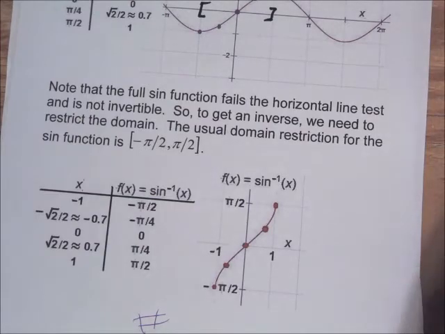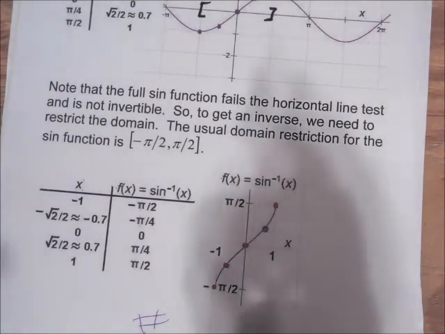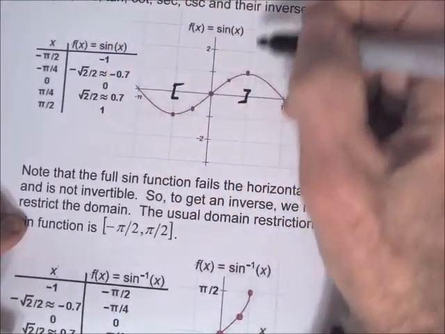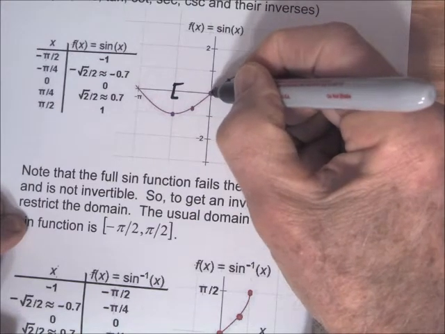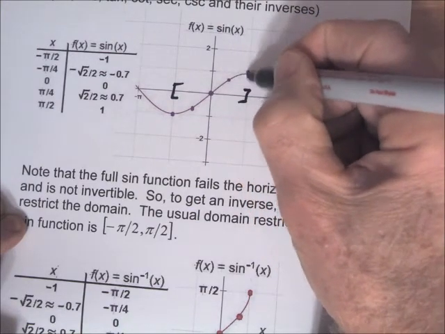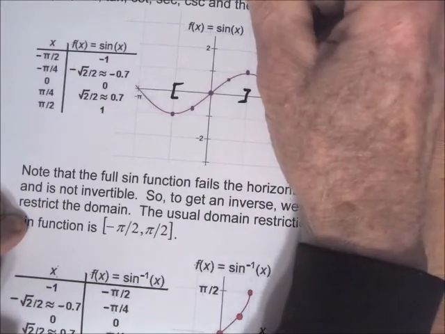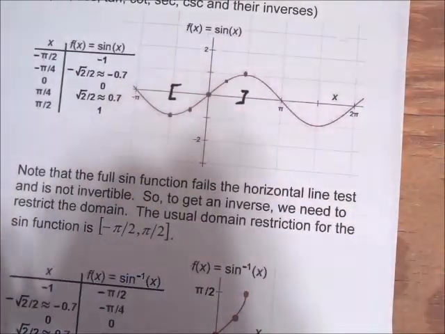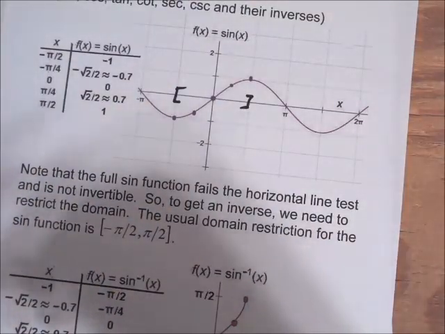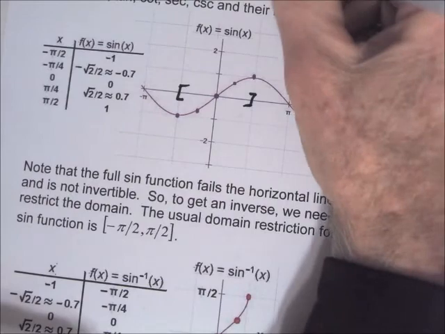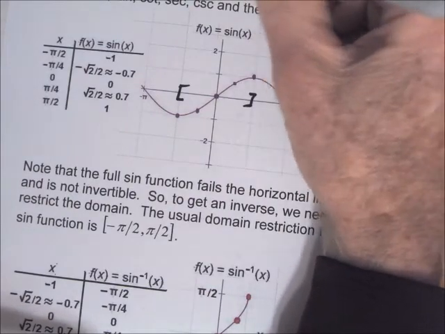The tangent looks more like it has some vertical asymptotes with the sine over the cosine. So when the cosine is 0, you're going to get a vertical asymptote there.